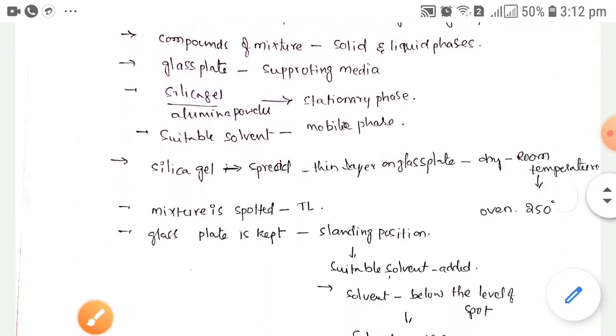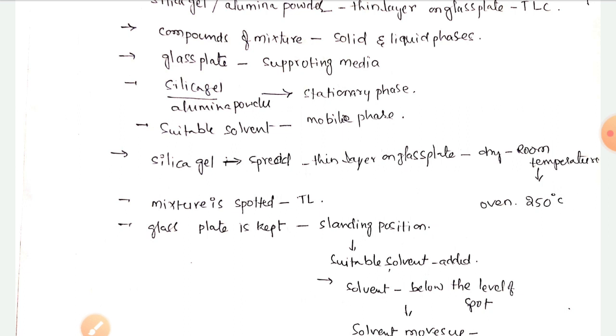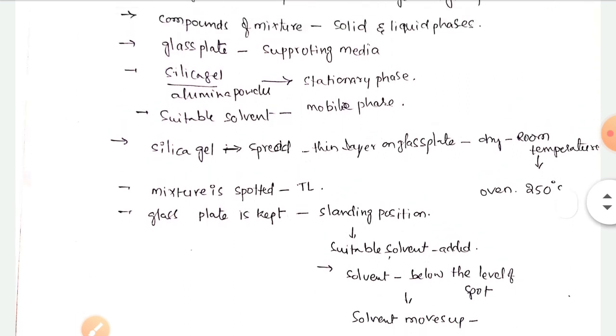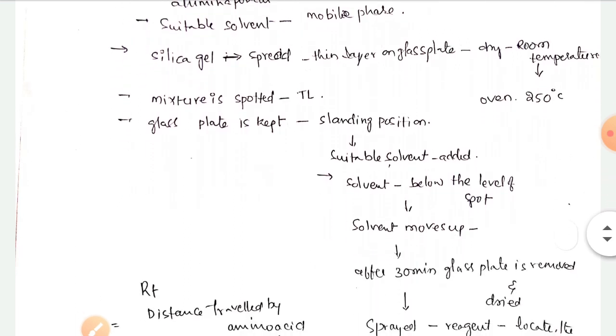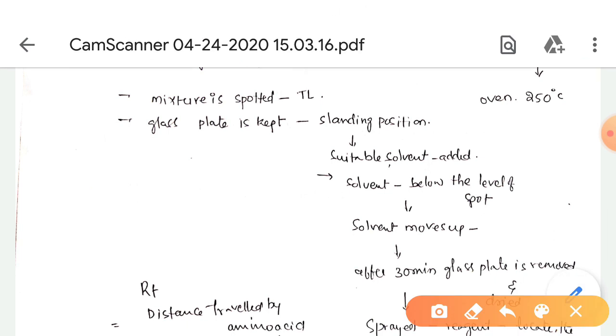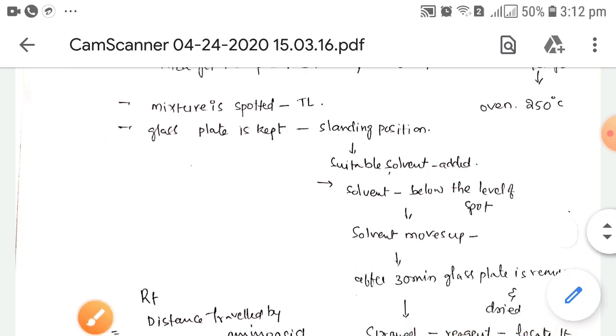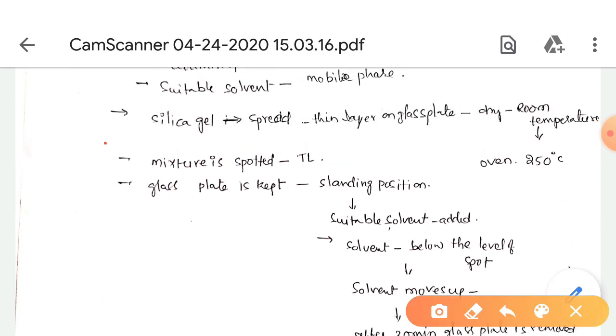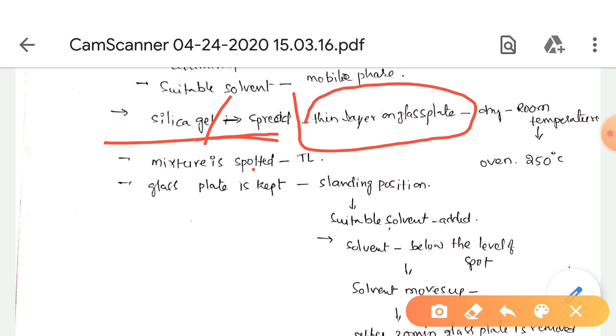Here the silica gel or alumina powder is spread on the thin layer glass plate and allowed to dry at room temperature.